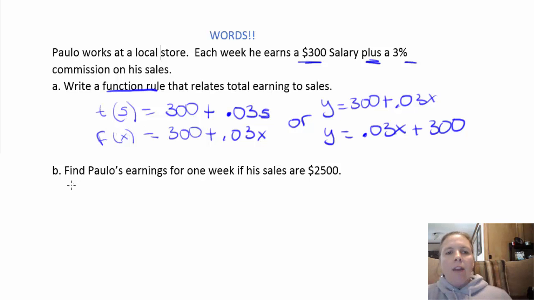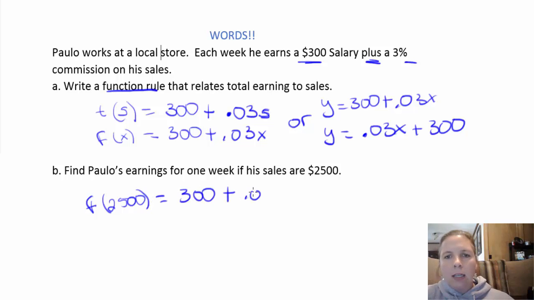Okay? Find Paulo's earnings for 1 week if he sells $2,500. So what that means is f of 2,500, so instead of x, you would have 2,500: 300 plus 0.03 times 2,500.